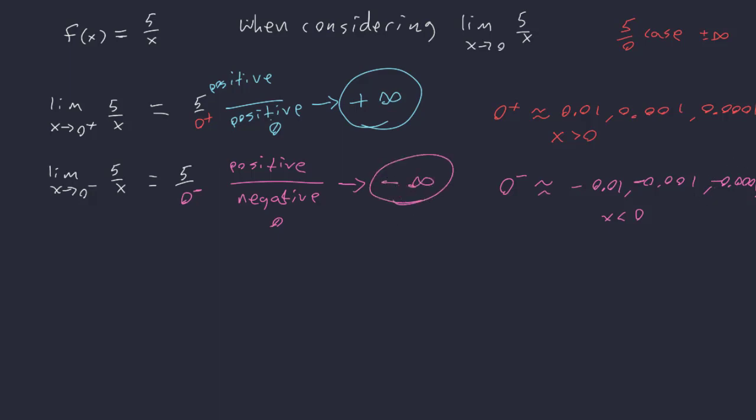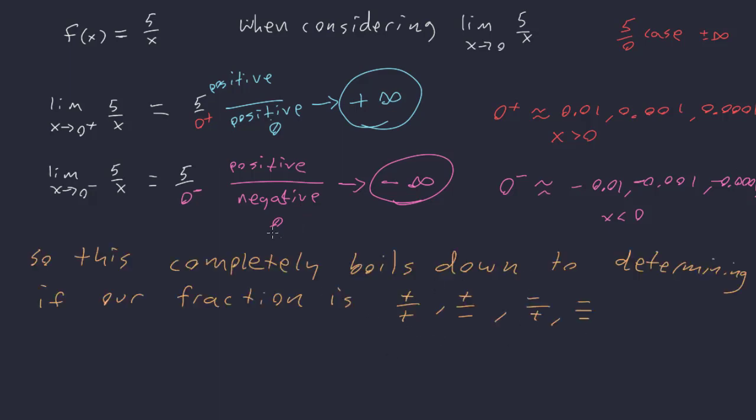Okay, so really all we're doing is determining whether the fraction we're looking at is a positive over a positive or a negative over a negative or what have you. So this boils down to determining if our fraction is a plus over plus, plus over minus, minus over plus, or minus over minus.